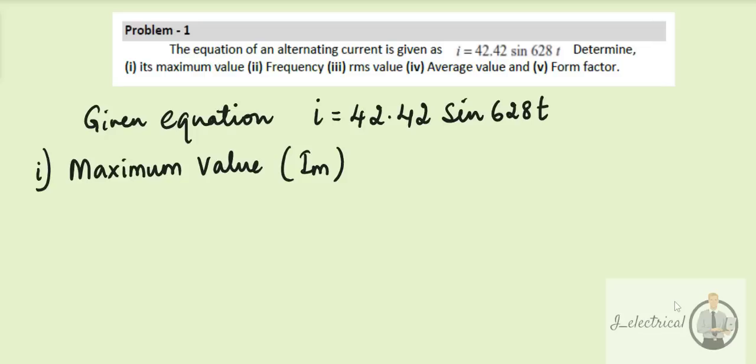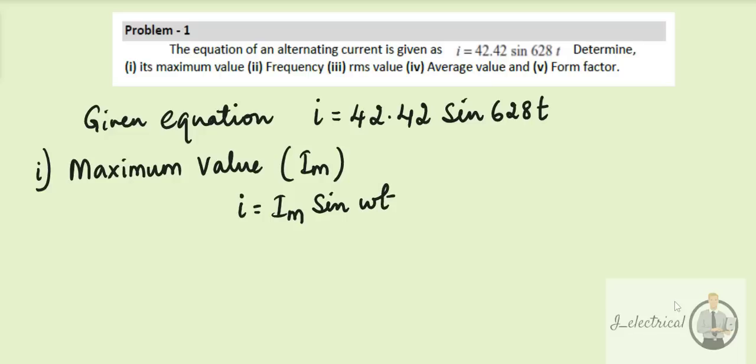We know that the instantaneous equation of an alternating current is given by i is equal to Im sine omega t. Right?